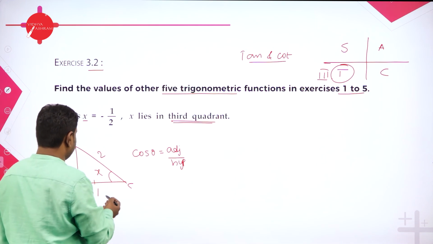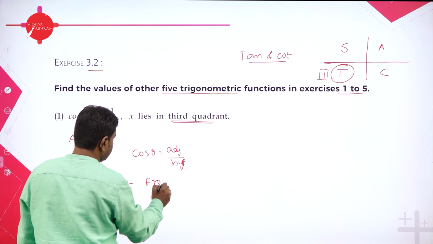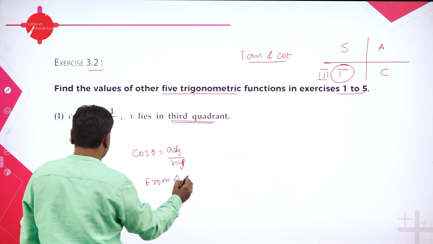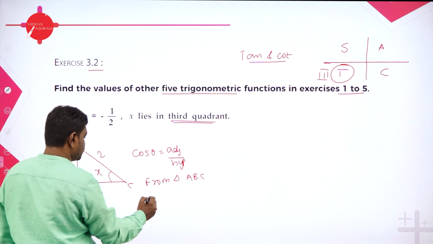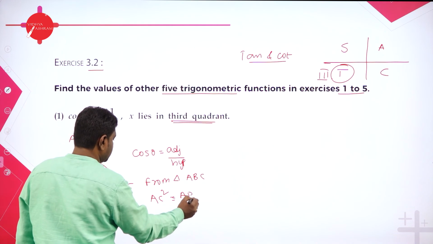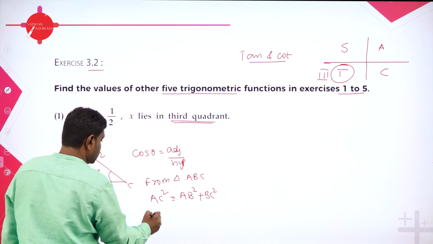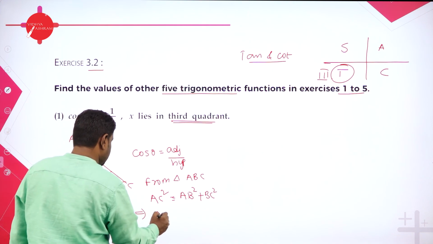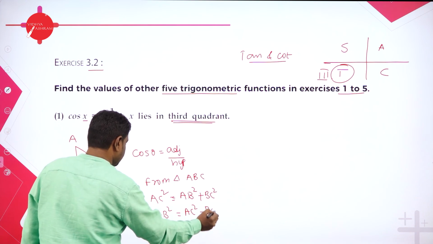Once you get this, find the third side. From triangle ABC, the third side is what? AB. By Pythagoras theorem, hypotenuse AC square is equal to AB square plus BC square. From this we need AB square, which becomes AC square minus BC square.